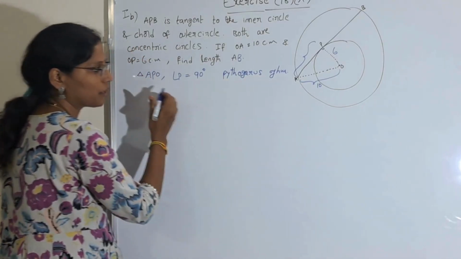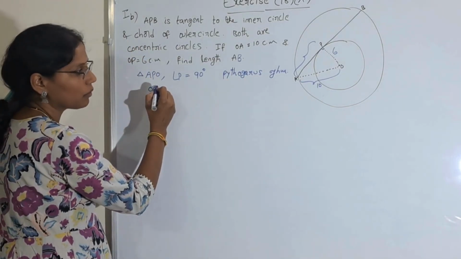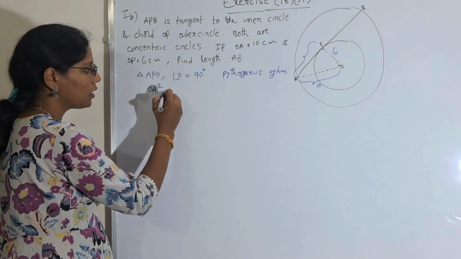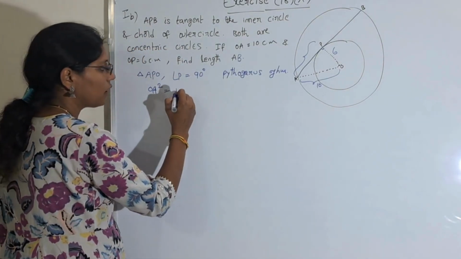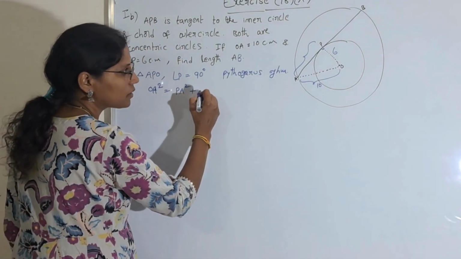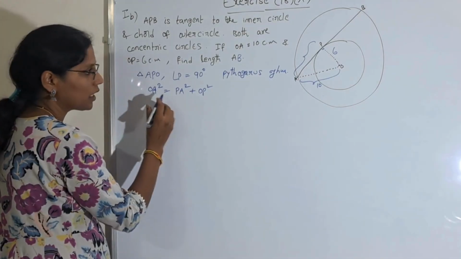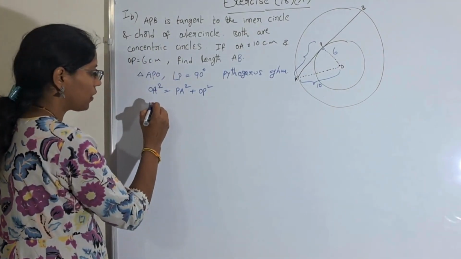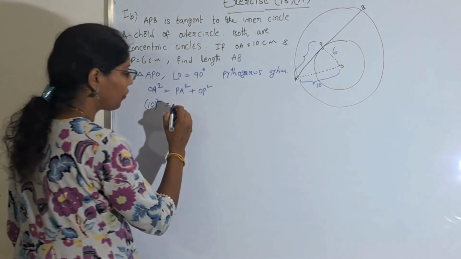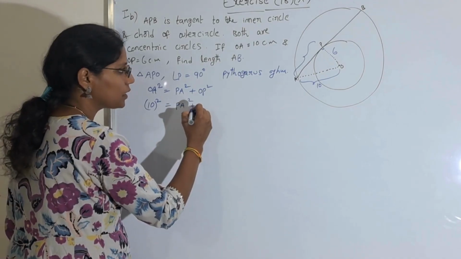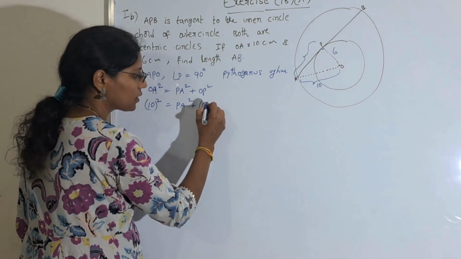Square of the hypotenuse OA square is equal to sum of the squares of remaining two sides, AP square plus OP square. OA square means 10 square is equal to PA, PA we have to find out, plus OP means 6 square.